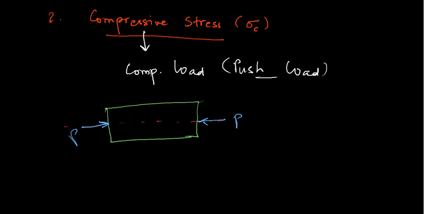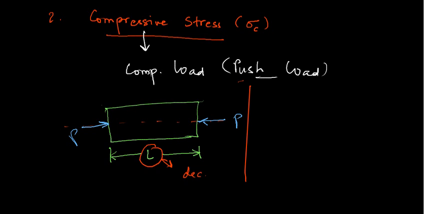The length is L. So if you are applying a compressive load onto it, this value of length would decrease, isn't it? So we can say that the compressive stress tends to decrease the length of a member.